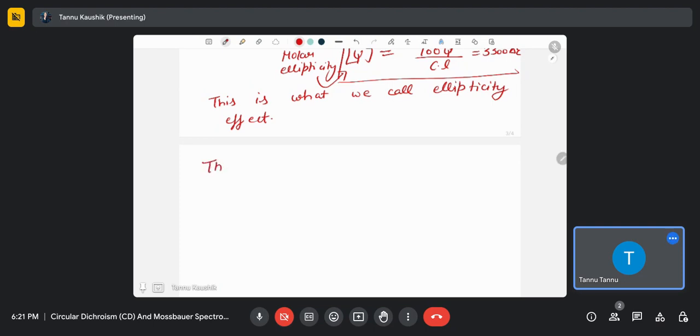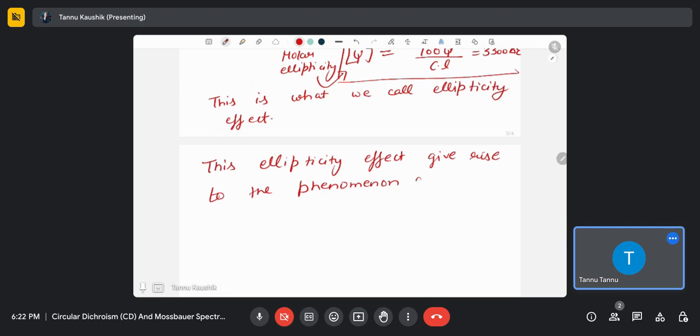And this ellipticity effect gives rise to the phenomenon of circular dichroism.